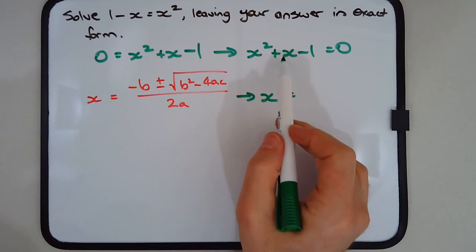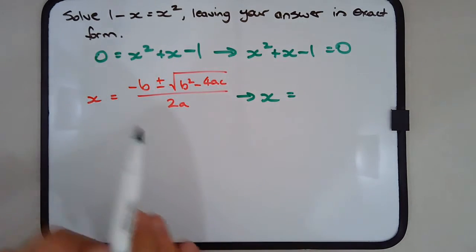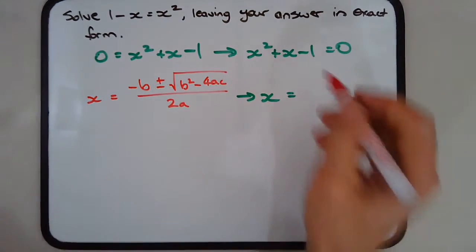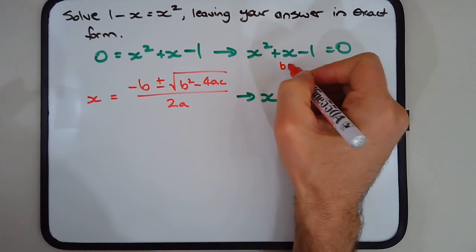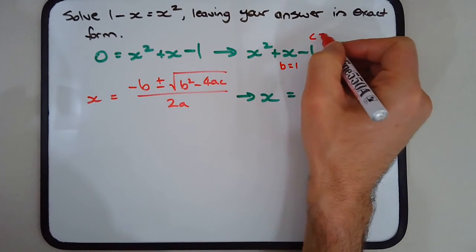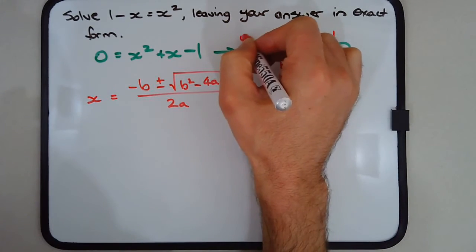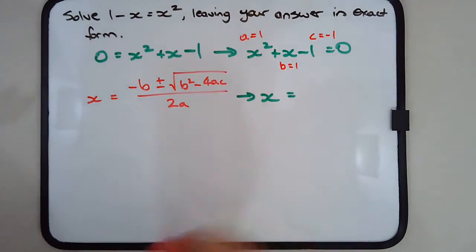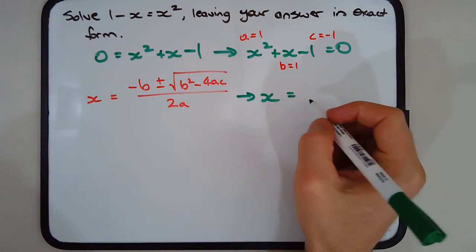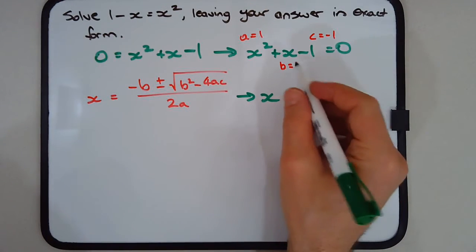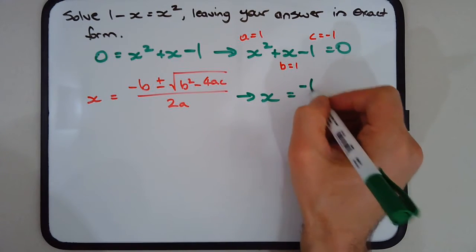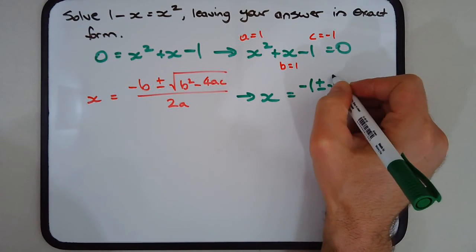Our b term here is 1. Sometimes it might help to write these down. So b is equal to 1, c is equal to negative 1, and it's a monic quadratic, so a is equal to 1. Very handy. So x is equal to negative b, so that's just negative 1, plus or minus.